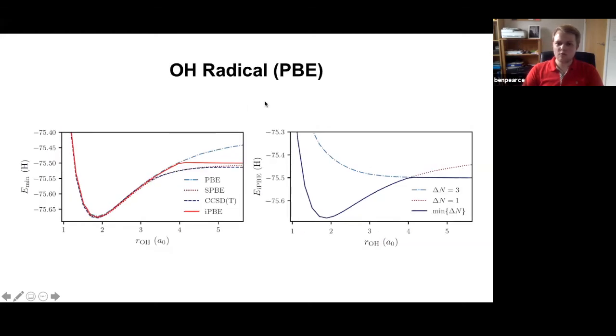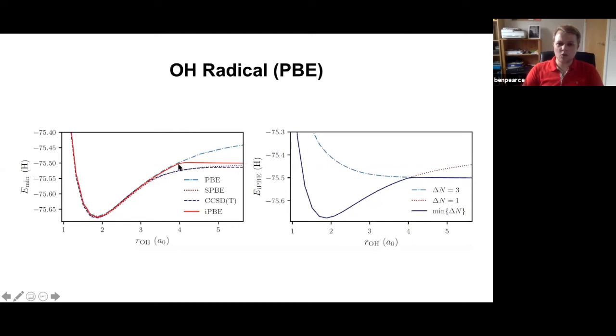It's a similar picture for the OH radical. This time we're looking at PBE. Again, you can see that the dissociation limit for PBE is incorrect compared to the spin PBE and the coupled cluster result. But again, our implicit PBE is actually tending to the correct limit. It doesn't look quite as close here, but if you extend the axes out, it does actually tend to the correct limit.